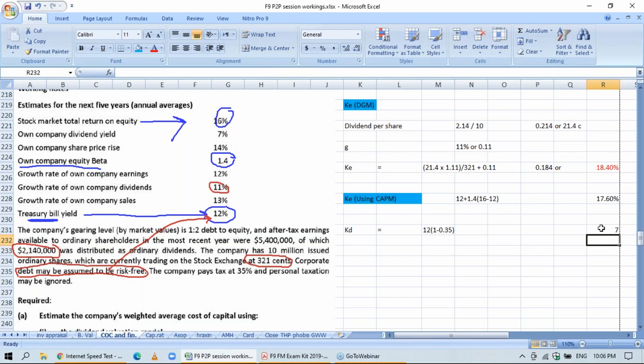So that is our cost of debt. So three colors I've used. In red, you can see the cost of equity using the dividend growth model. In blue, you can see cost of equity using CAPM, and cost of debt is in green, 7.8, right? Now let's calculate the WACC.